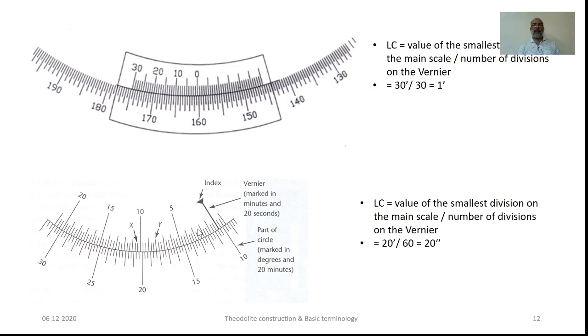The graduation patterns could be like this. So the value of the smallest division on the main scale divided by the number of divisions on the vernier gives the least count here as 1 minute. In a similar manner, here the least count can be determined as 20 seconds.